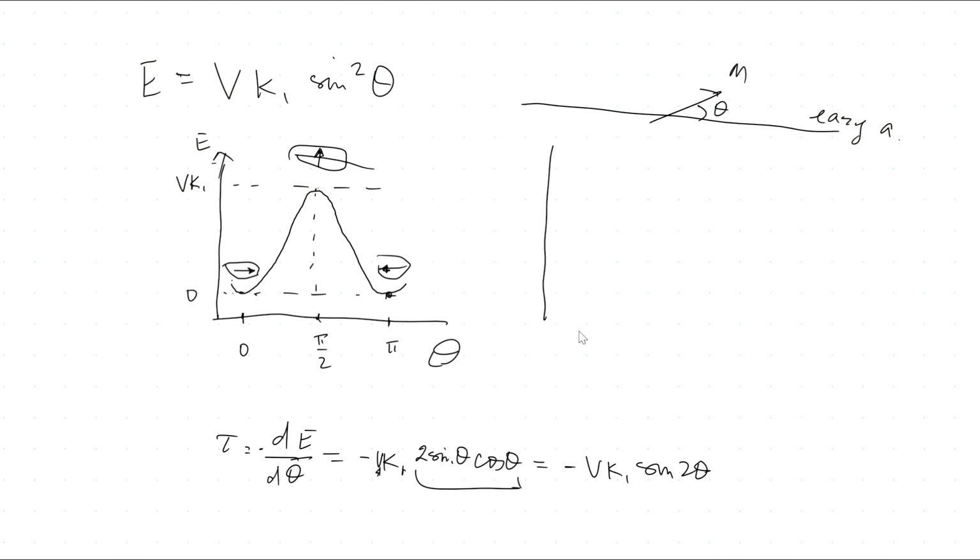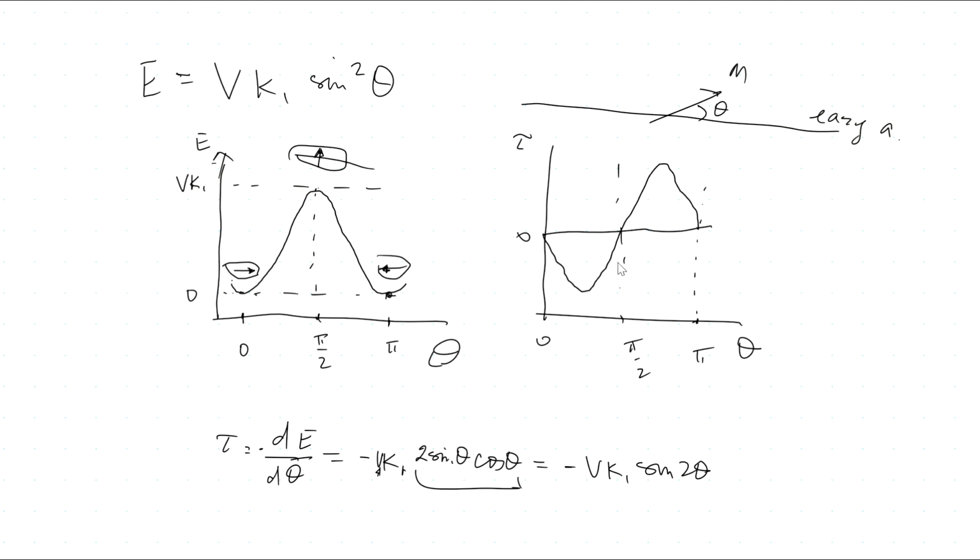So if I plot torque as a function of theta, this is 0, pi over 2, pi. Then you will see it goes down, up, down.